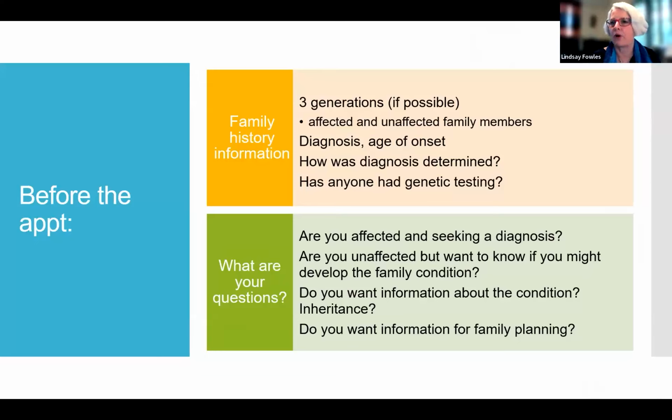If it's possible, and don't tie yourself in knots trying to gather this information, but if you can get information on about 3 generations of your family, that's ideal. But if you can't do it, that's fine. We work with the information we have. I always say, I just keep asking questions till I run into a brick wall.